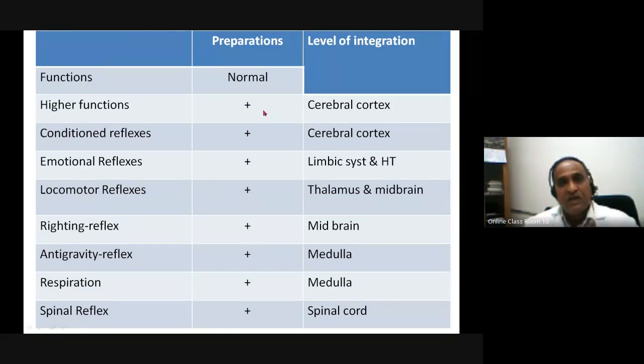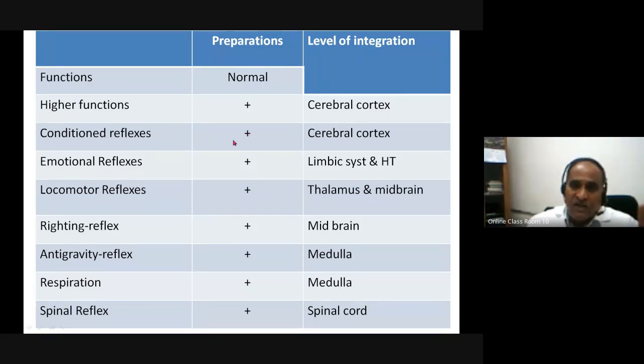My intellect, my interactions, my presence of mind, everything is intact. These higher functions are normal, and they are processed in the prefrontal cortex, especially the neocortex, and some part of the hippocampus and the limbic system. This is the cerebral cortex intact, so this is the level of integration.